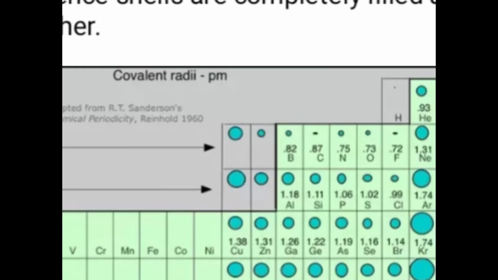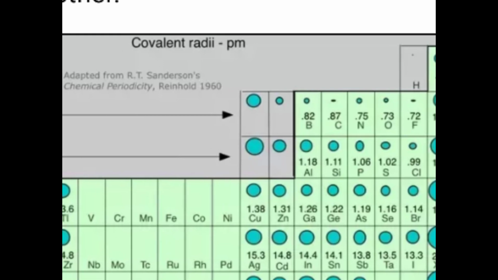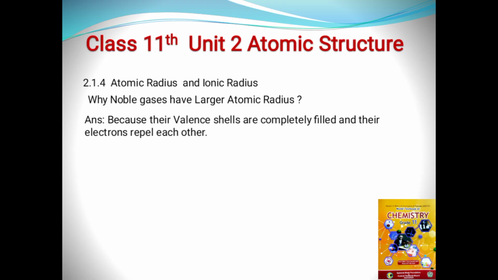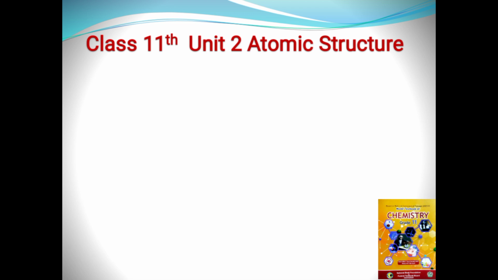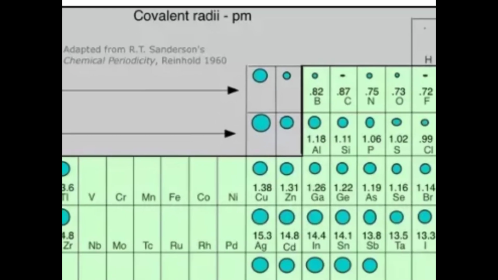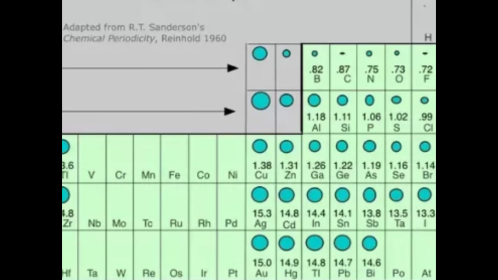For example, in this diagram you can see that when we move from left to right like lithium, beryllium, boron, carbon, nitrogen, oxygen, fluorine, etc., then the atomic radii are decreasing, but you can see that neon has a larger atomic radius, and also all the noble gases have larger atomic radii as compared to their family members or their period members.